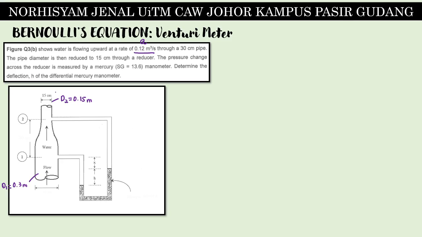Through a reducer, the pressure change across the reducer is measured by a mercury 13.6 manometers. This is mercury. It's not stated here, so I put it here. Okay. Determine the deflection H of the differential mercury manometer. This is once again a question of Bernoulli equation on this Venturi tube plus the study of manometer.